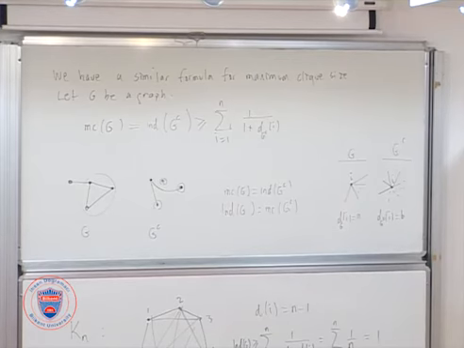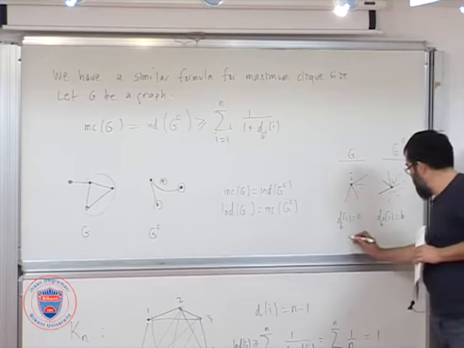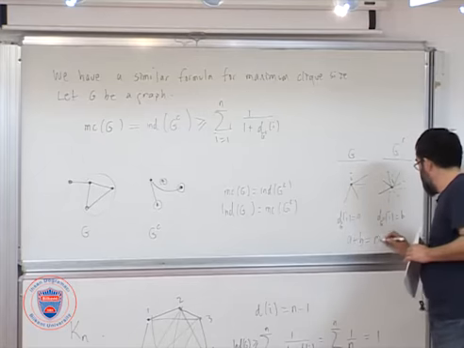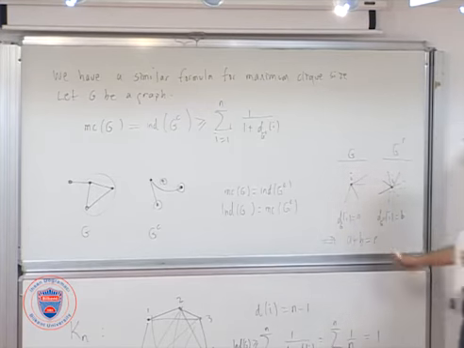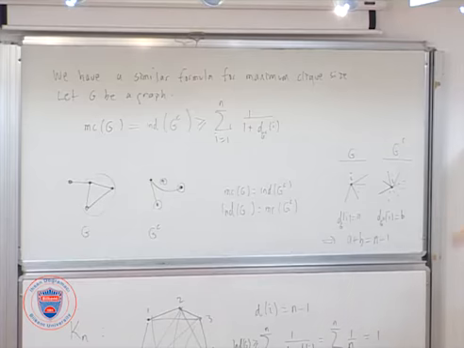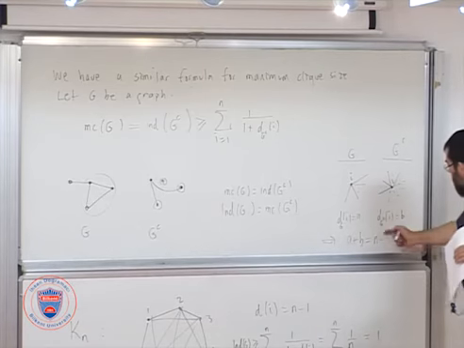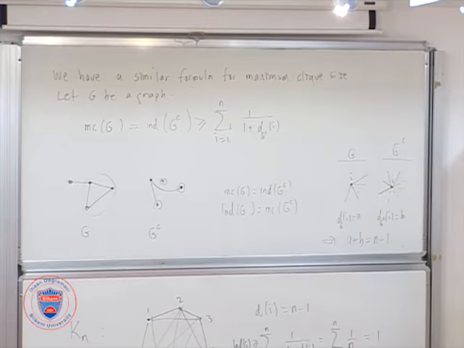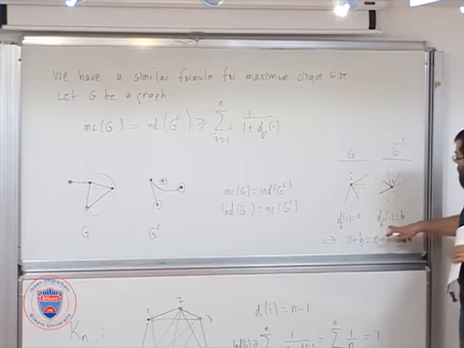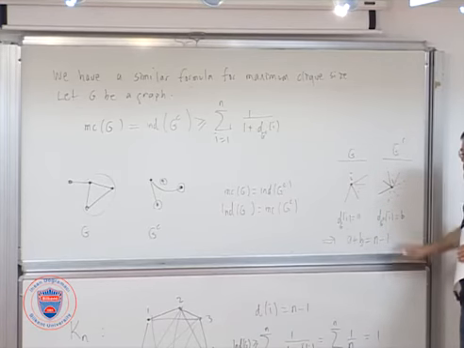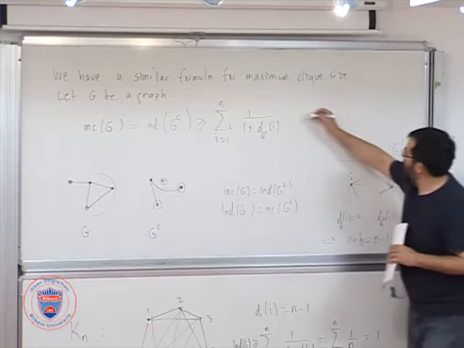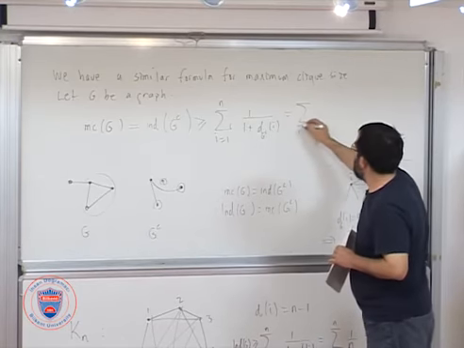A plus B is equal to N minus 1, yes. Their total should be all possible places you can go, but because you cannot go to yourself, you have N minus 1 places to go. Which gives us a very nice formula for the degree of the complement in terms of the degree of the original graph. Their sum is N minus 1. Okay?